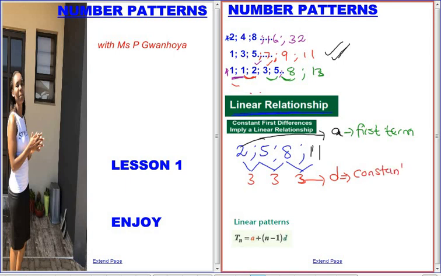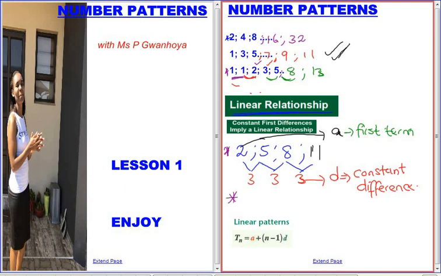Remember, it is only linear if the first difference happens to be constant. If it is not constant, it means it's not a linear pattern. So your A is your first term, and D is the common difference.